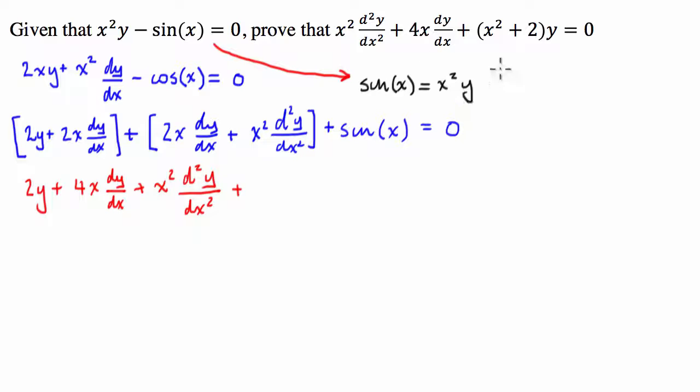So if we have this relationship, we can substitute that in for sine of x here. So rather than writing plus sine of x equals 0, we're going to write plus x squared y equals 0. Now we're getting closer and closer to this final solution here.